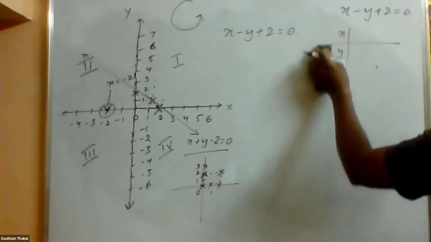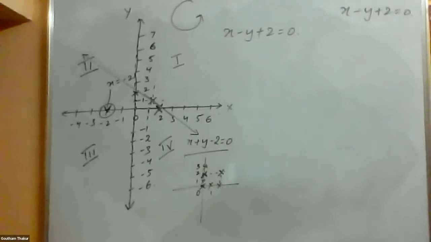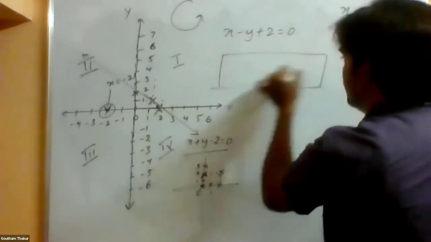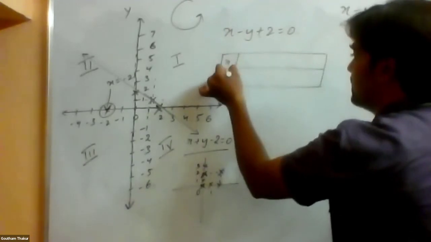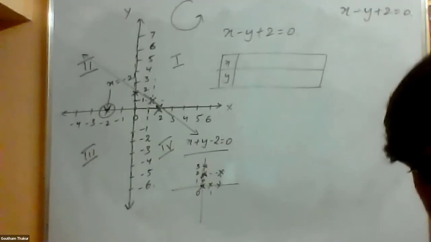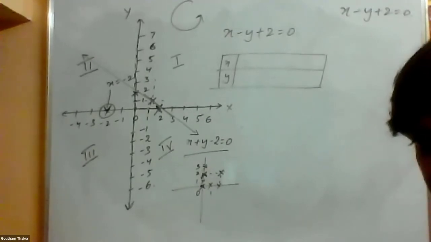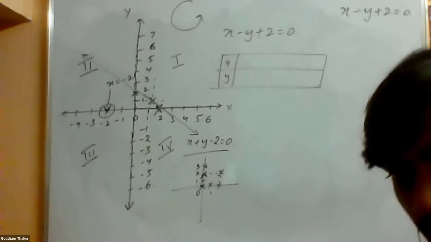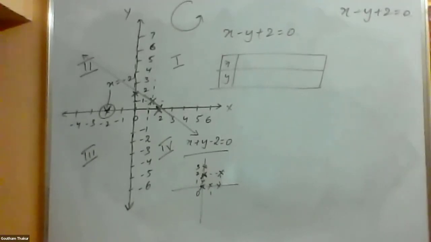Okay, I started getting answers as well. What are the values of x and y? Very good. Vikram, x is equal to 2. Y is not 0 for x is equal to 2.